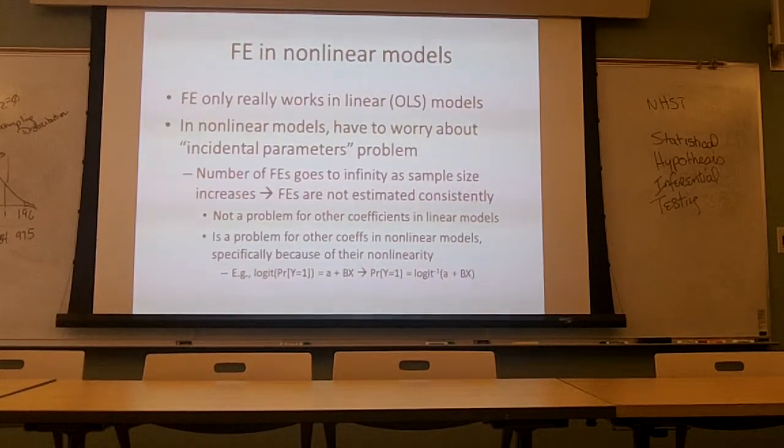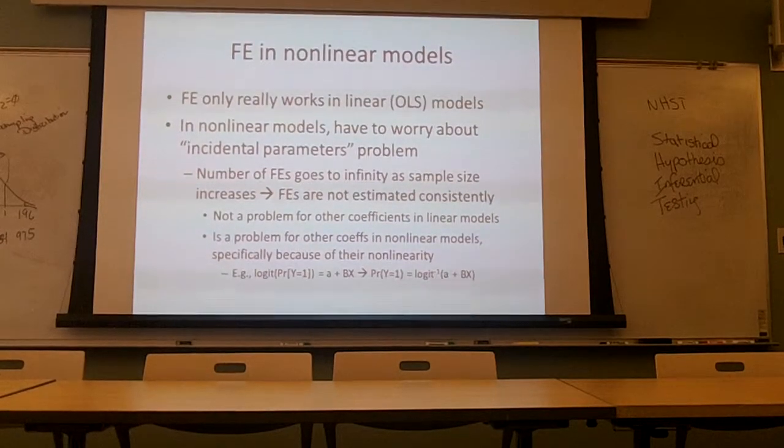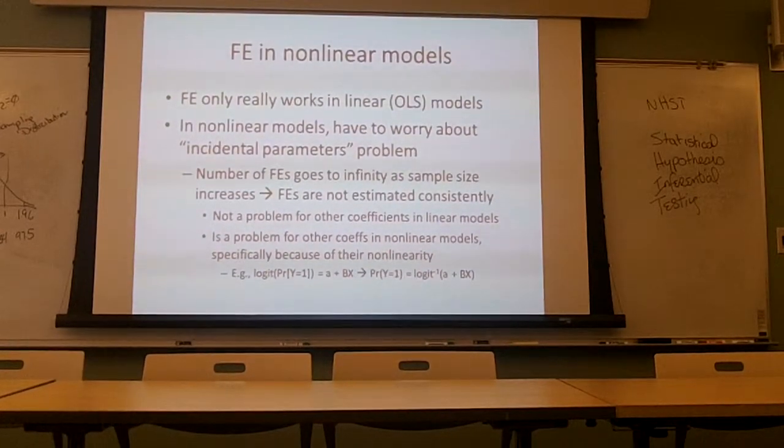All right, so everything I've said up till now is really applicable primarily, or really only, to linear models. A lot of the reason why I think fixed effect models are not that popular in the biostats and epi world is that the economists are relatively more willing to use linear models in cases where you don't necessarily have continuous dependent variables.